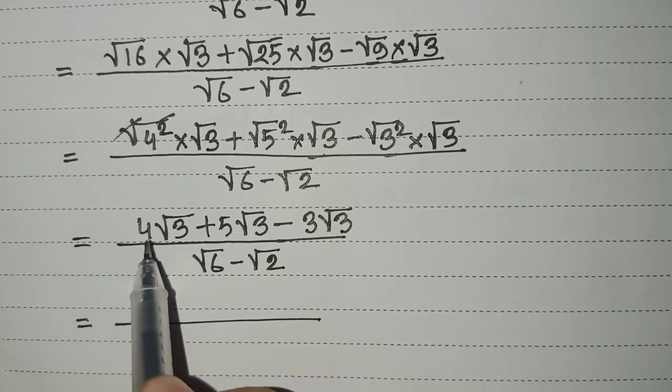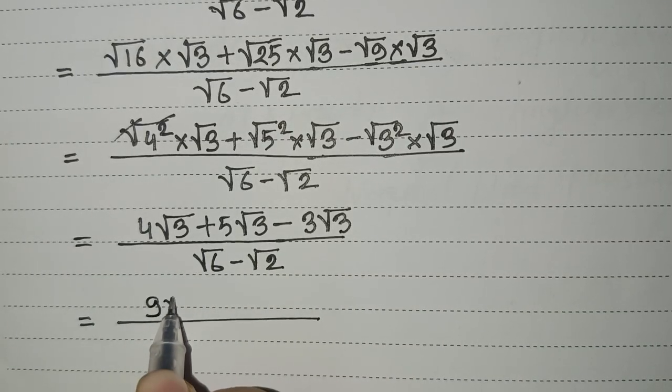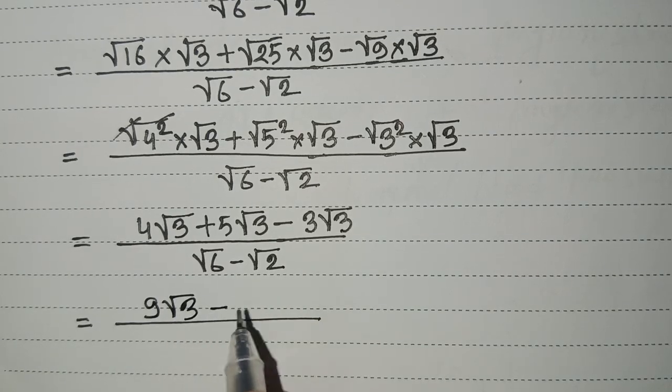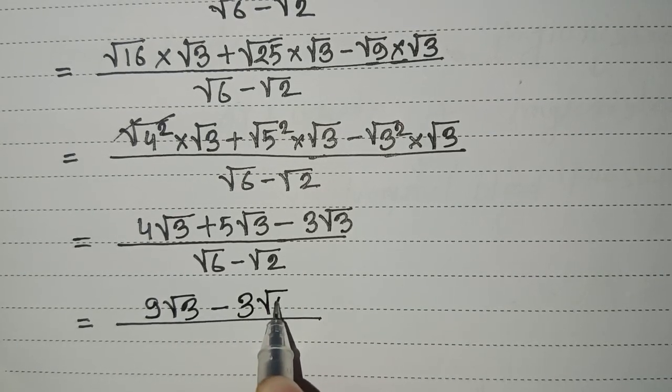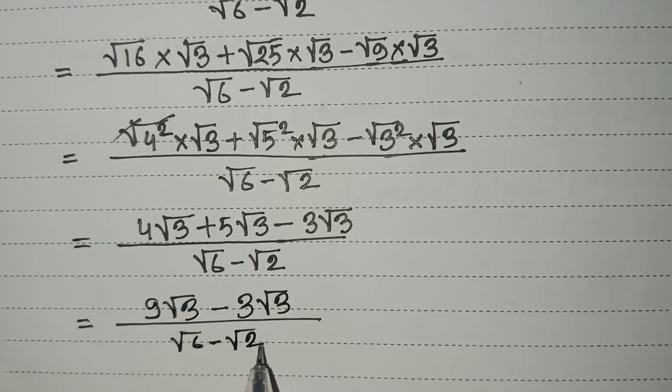Simplify these numbers. 4 and 5 equals 9 root of 3, and here minus 3 root of 3 all over root of 6 minus root of 2.